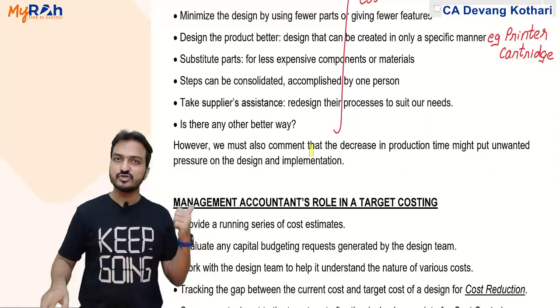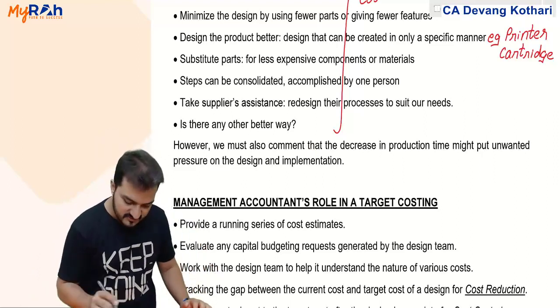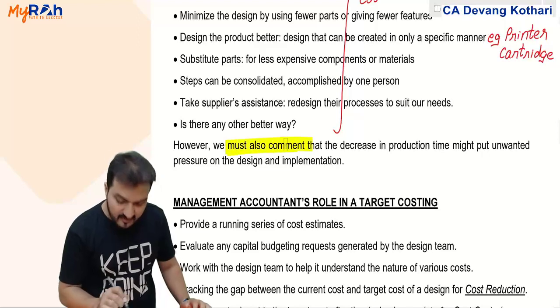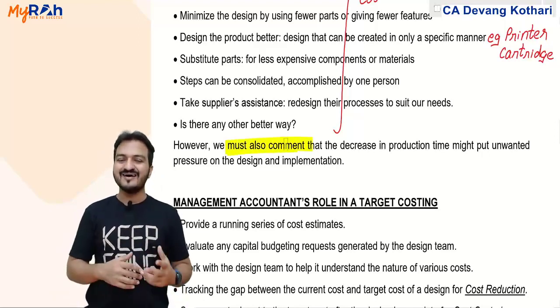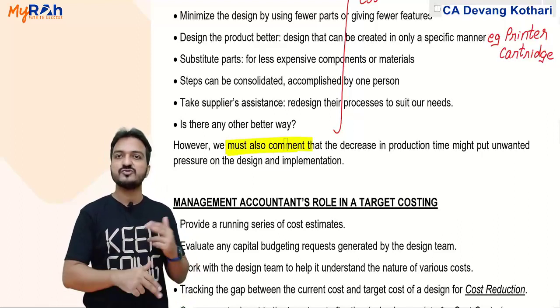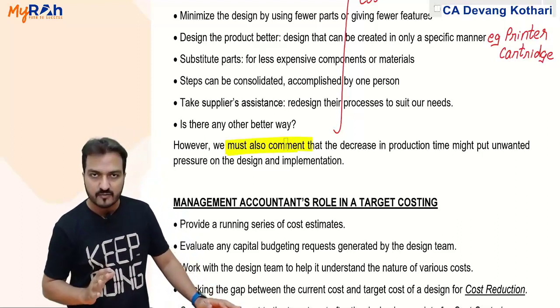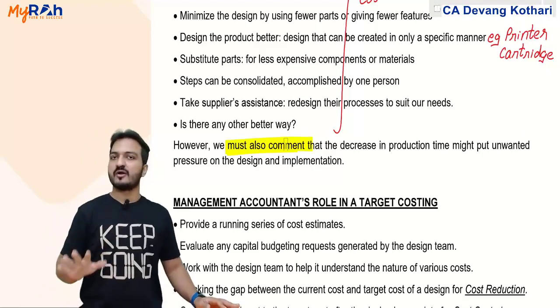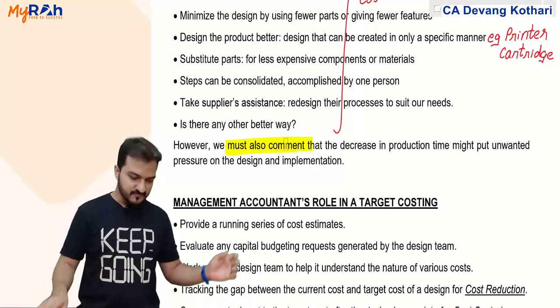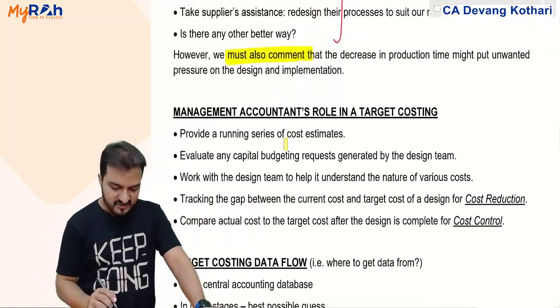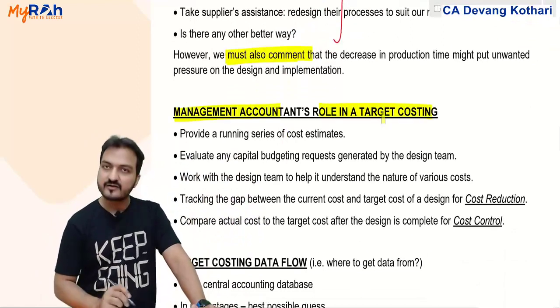This sentence should be put in your answer. You should put this comment in your answer, that unnecessary pressure on the employees to decrease the production time might lead to lesser quality of the product. Well, you write that this should not happen. Done? Yes.